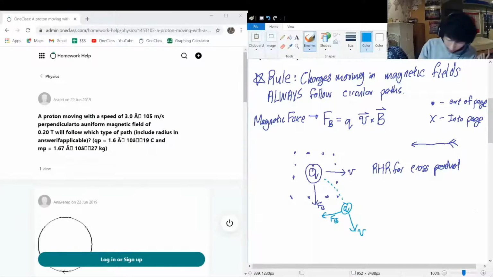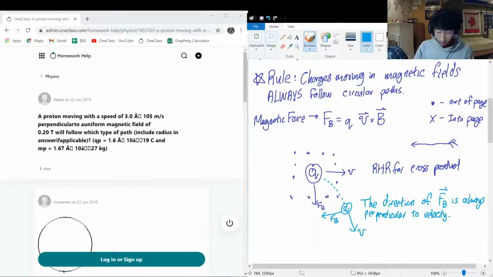So you can see that the direction of magnetic force FB is always perpendicular to velocity, and this leads to circular motion.